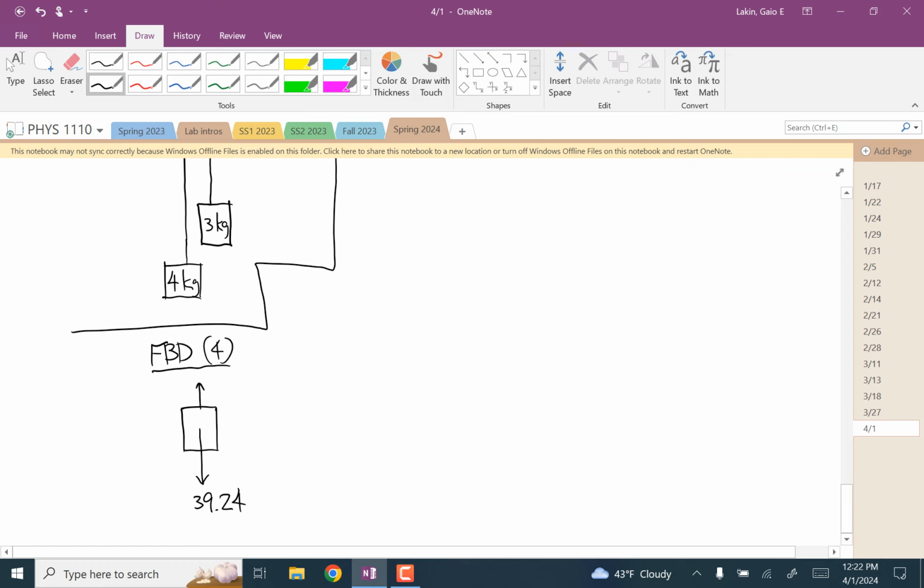There's a cable force up of T. Newton's second law says 0T plus 0, negative 39.24, is equal to 4 times the acceleration vector.